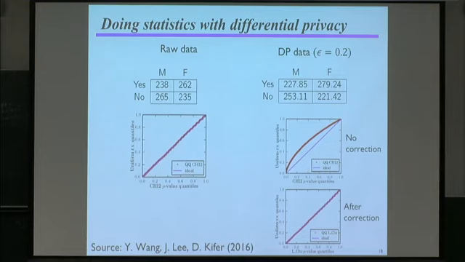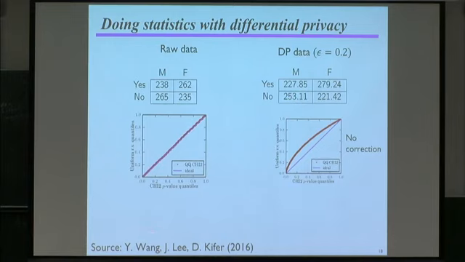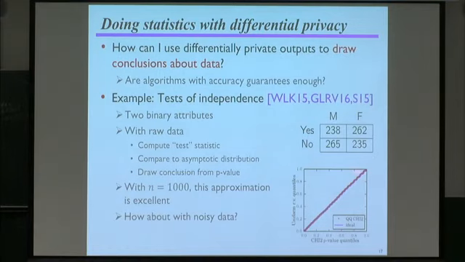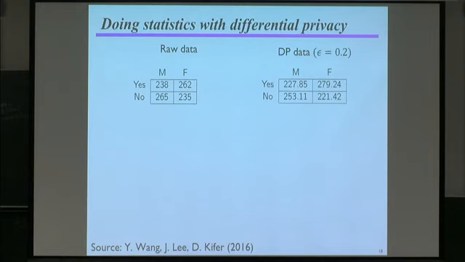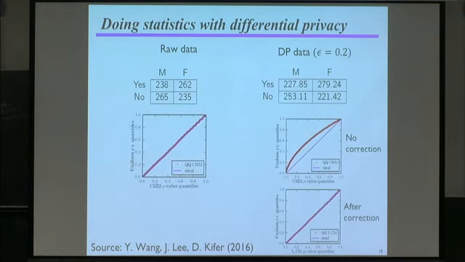Okay. So at this point, there are a number of papers that do this. There's this paper of Wang, Li and Kifer from earlier this year, and also another paper by people at Harvard, and I'm blanking on the expansion of the acronym, but basically doing something similar for a slightly different independence test.